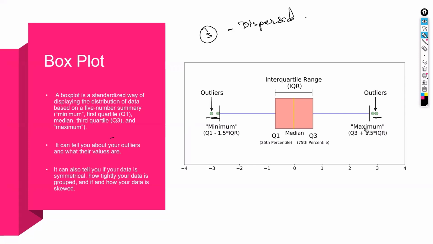They show you how the outliers are, or whether there are any outliers at all. When you are creating box plots, there is not just one box plot, there are a lot of them. Like I showed you three box plots here.